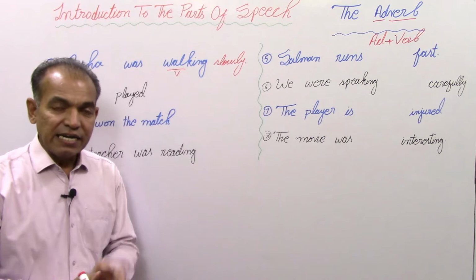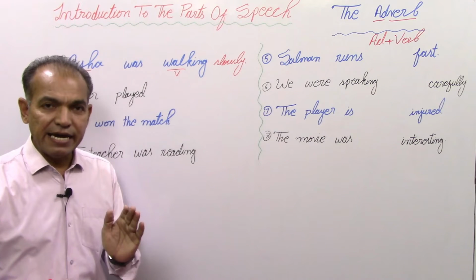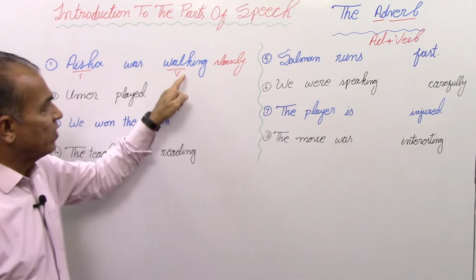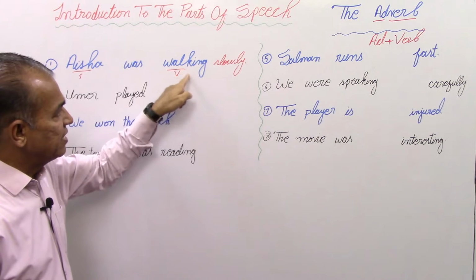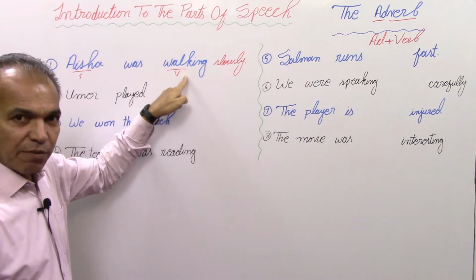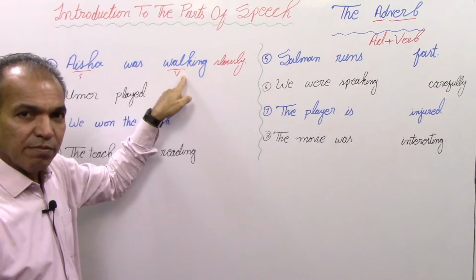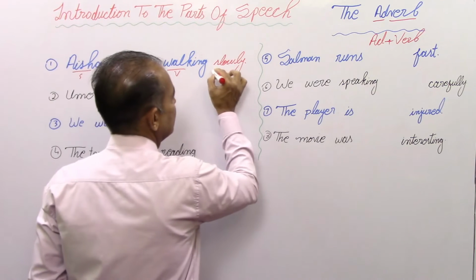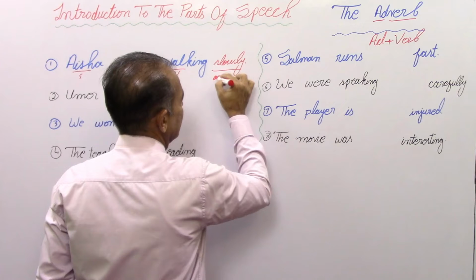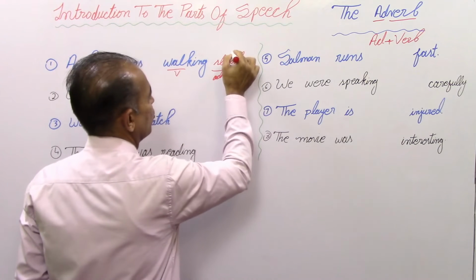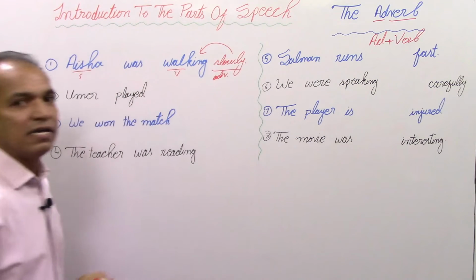So you can see that the word slowly has added something to the meaning of the verb. As it has modified the verb, it will be called an adverb. Why? Because any word that modifies a verb is called adverb.